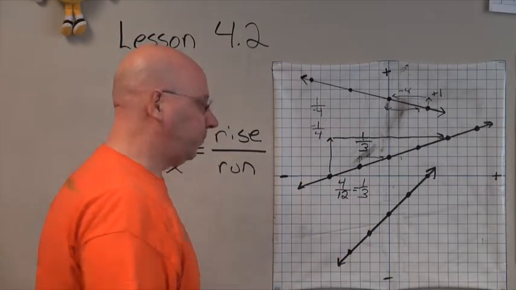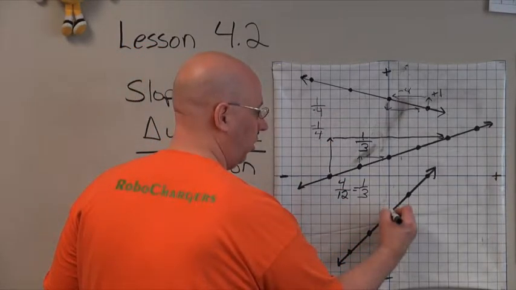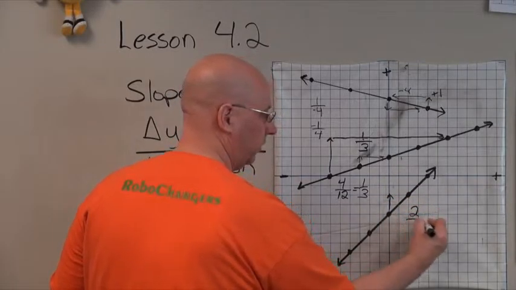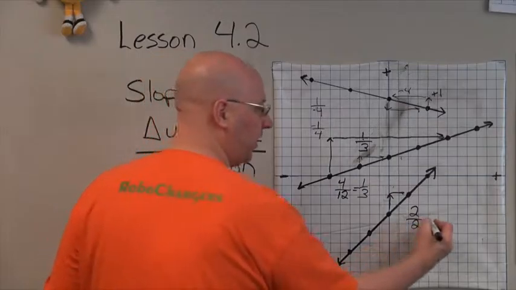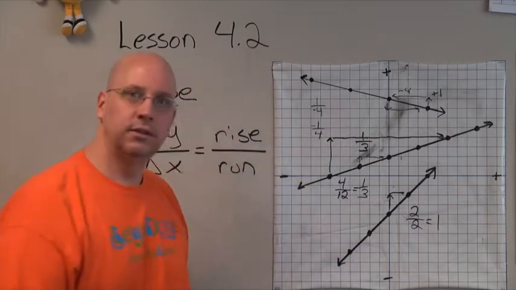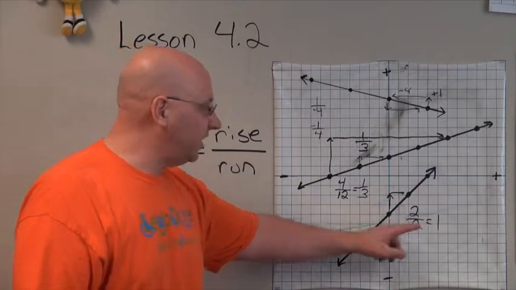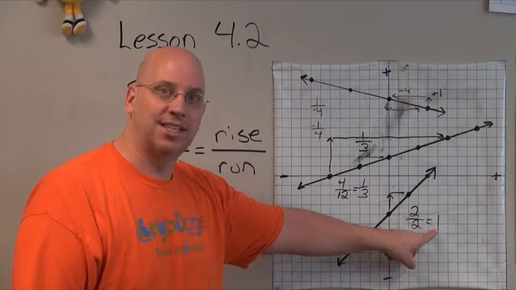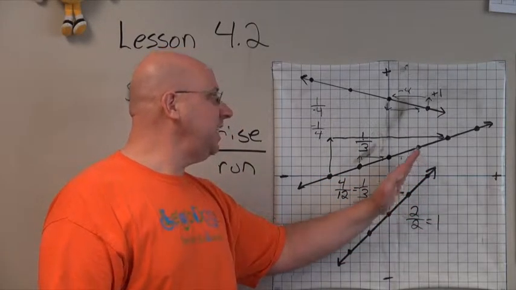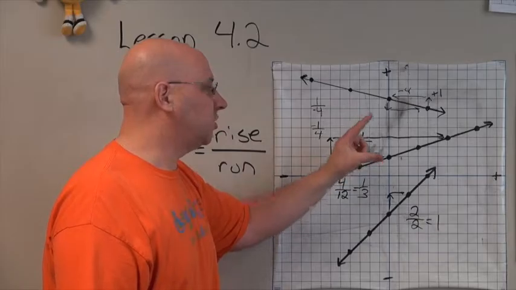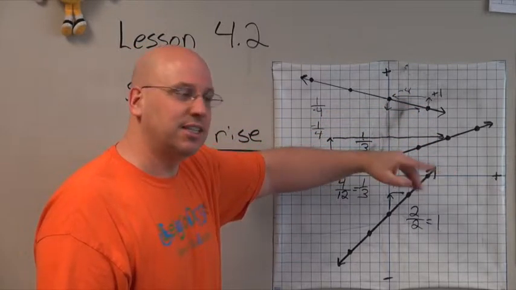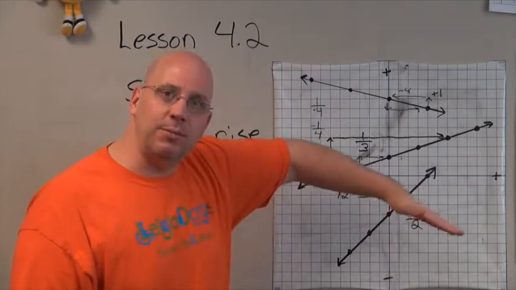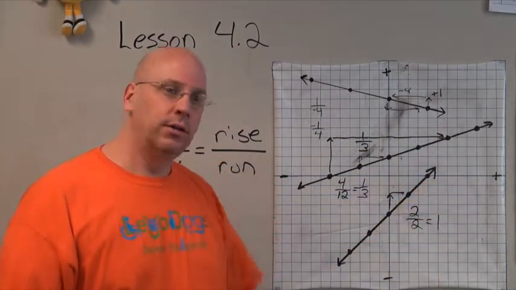Let's take a look at this one. This one has up 2, to the right 2. Slope of 2 over 2, or a slope that is 1. In fact, the higher this number gets, whole number, the steeper the graph gets. The smaller the number gets, the smaller the fraction is, the less steep it is. And if it's negative, the same thing applies, but it's going down.